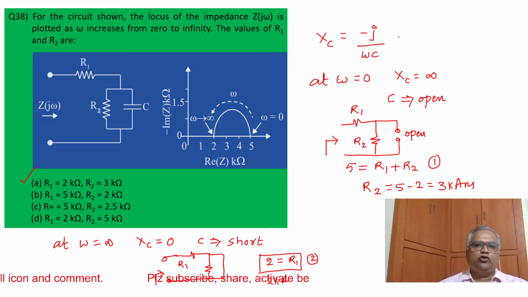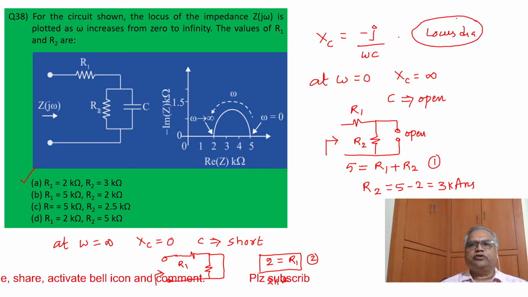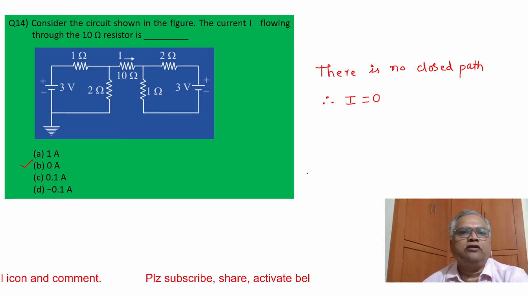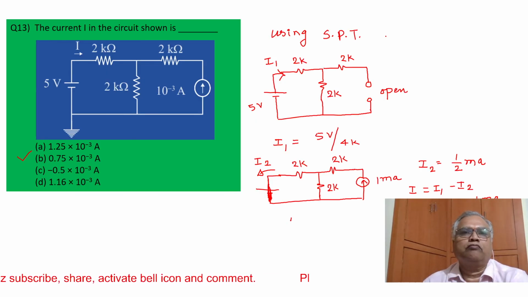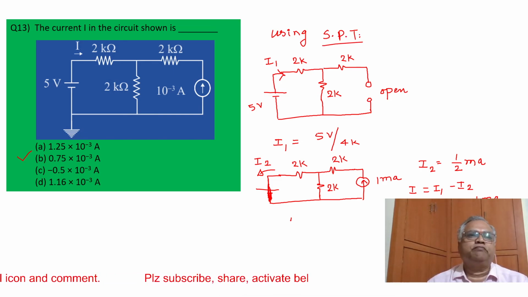This is a locus diagram. This problem comes under the locus diagram. This is the general basic, very basics. This is a superposition theorem. So in theorems, two problems came.